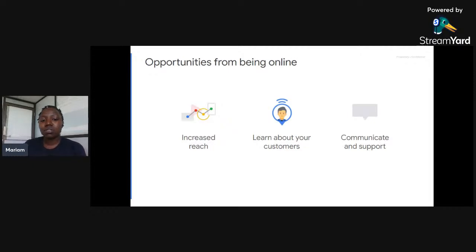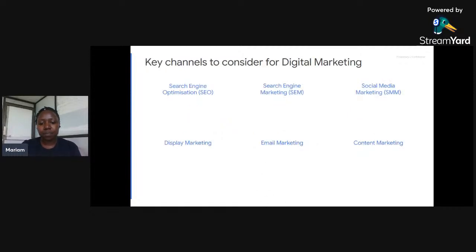So on screen right now, you can see that among the many opportunities we have, there's increased reach. You're able to reach more customers, learn more about your customers, and communicate and support your customers in a number of ways.